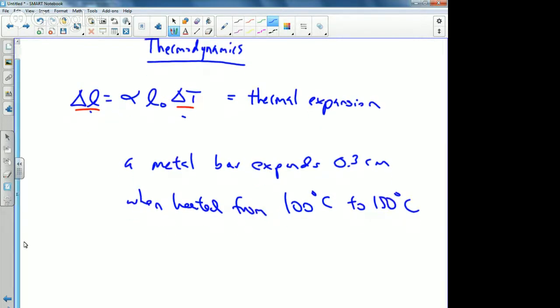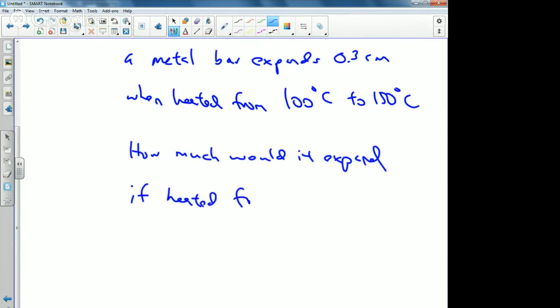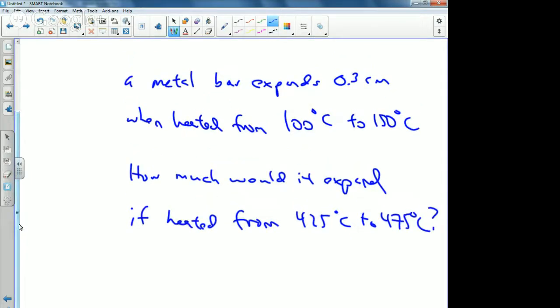They can ask you a question like, and this was, I believe, a real AP question: how much would it expand if heated from 425 degrees Celsius to 475 degrees Celsius? Like I said, you don't have to copy this down because once you hear the question, hopefully it'll make sense. A metal bar expands 0.3 centimeters when heated from 100 degrees Celsius to 150 degrees Celsius. How much would it expand if heated from 425 degrees Celsius to 475 degrees Celsius?